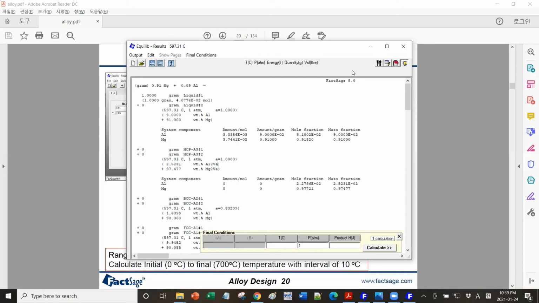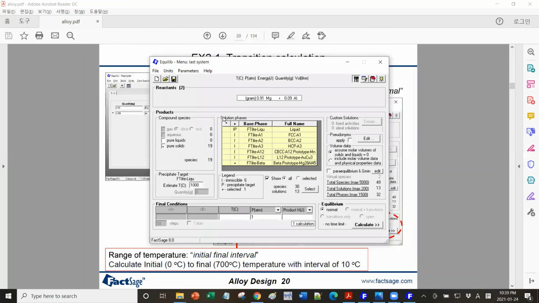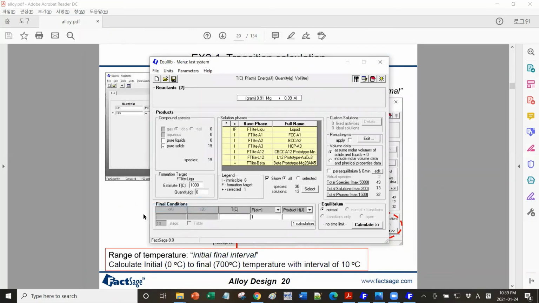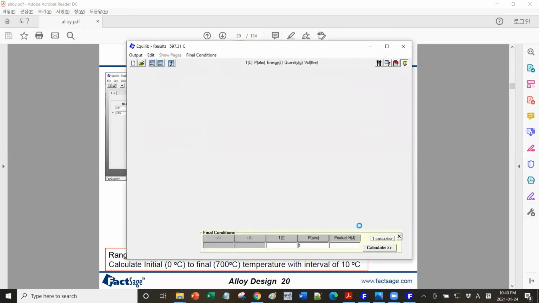Same way, we can do the formation target calculation. Click the menu window and change P to F. And same way, leave estimate T and the temperature range blank, and calculate.